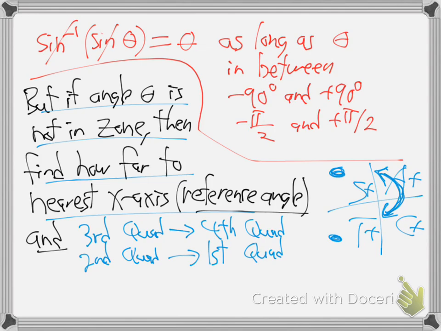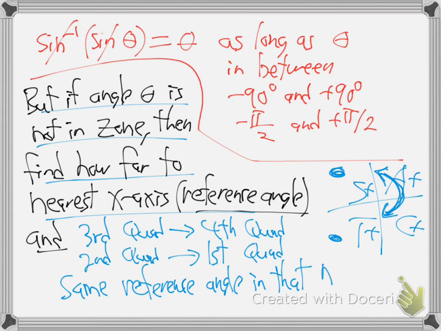So you find the reference angle, go to the right quadrant, and it's the same reference angle in that new quadrant. So it's quite a bit more tricky when it's out of the zone. I'll show you one of these.